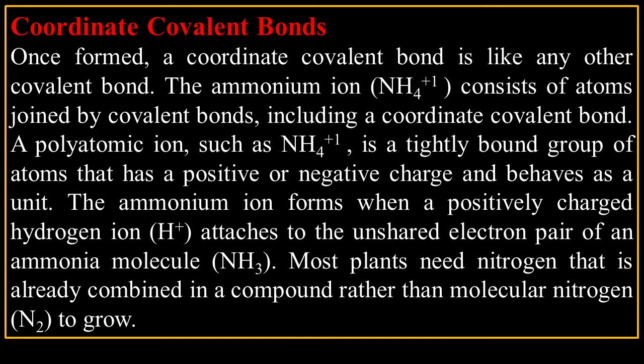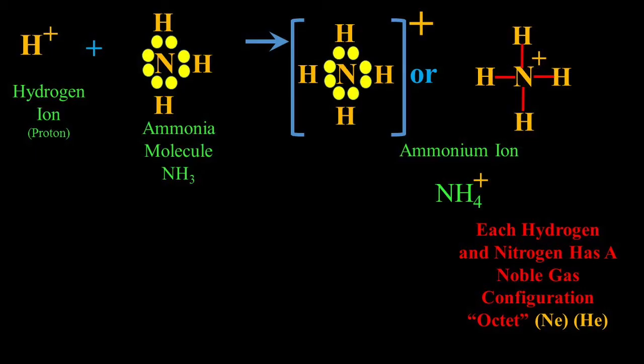The ammonium ion forms when a positively charged hydrogen ion, H+, attaches to the unshared electron pair of an ammonia molecule, NH3. Most plants need nitrogen that is already combined in a compound rather than molecular nitrogen N2 to grow. So here is an example of a polyatomic ion.